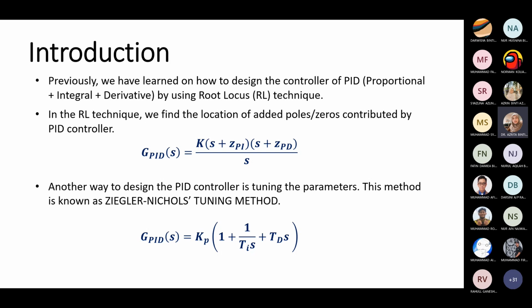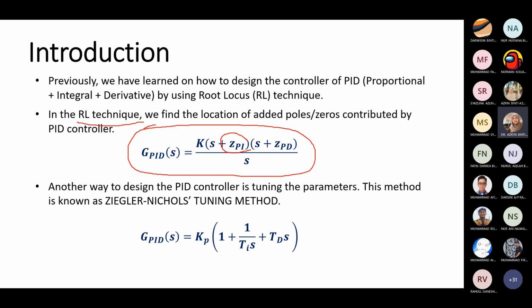If you remember, from the root locus technique, the transfer function of the PID controller is given by this equation. That means we need to find the added location of ZPI, ZPD, and also the value of gain K, so we can obtain the PID controller.